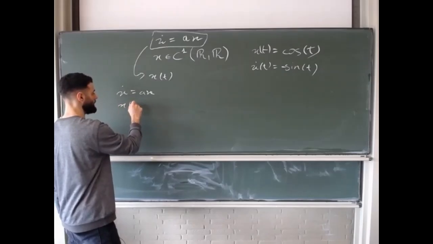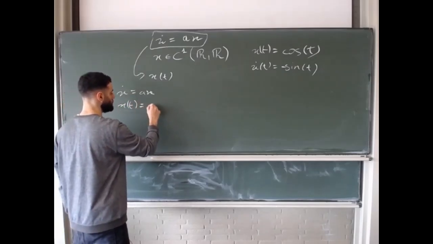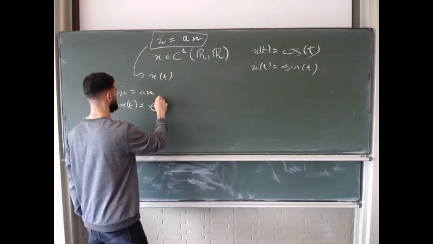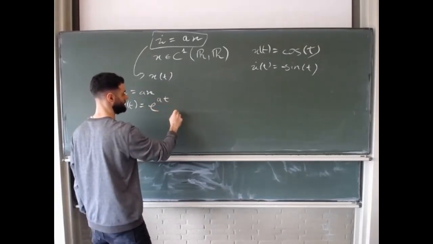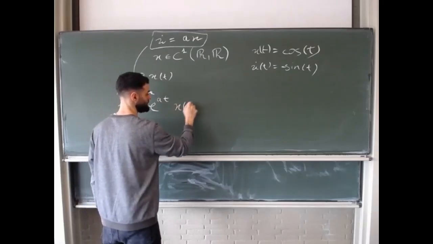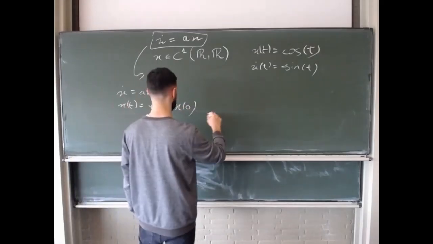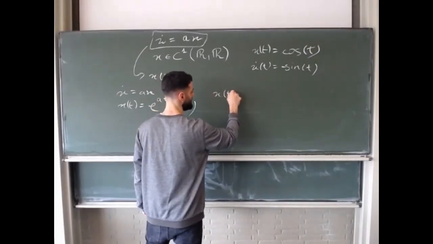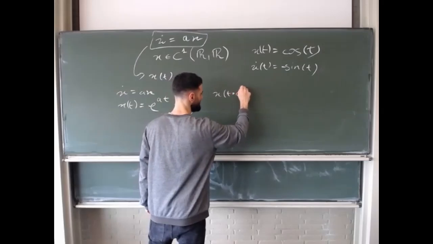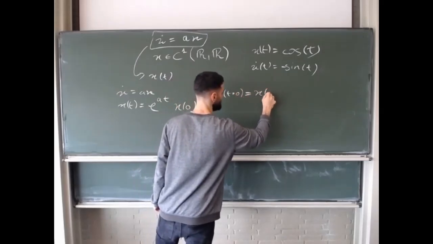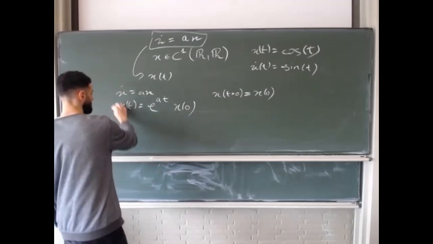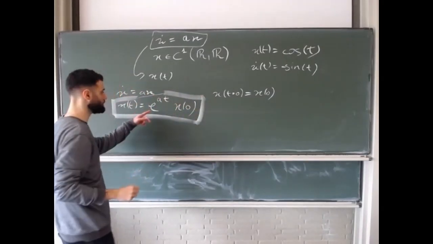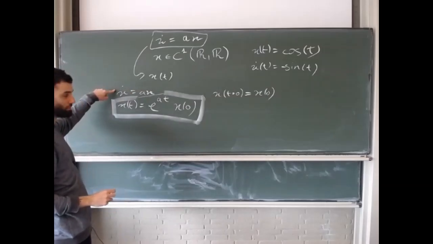That is, if you take x of t equal to e to the at x of 0, okay, where by this we mean that x at time 0 is equal to x of 0, then this expression for the x of t solves this differential equation.